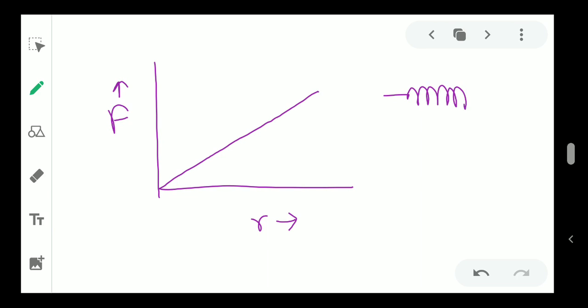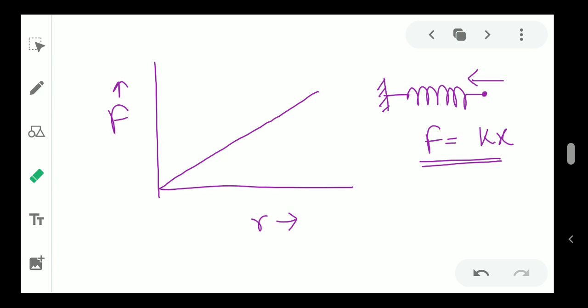We have seen that for a spring F is minus kx. The spring is fixed here and here is the end, and we want to compress the spring. The spring is giving this amount of force, but we have to give the same amount of force in the opposite direction.